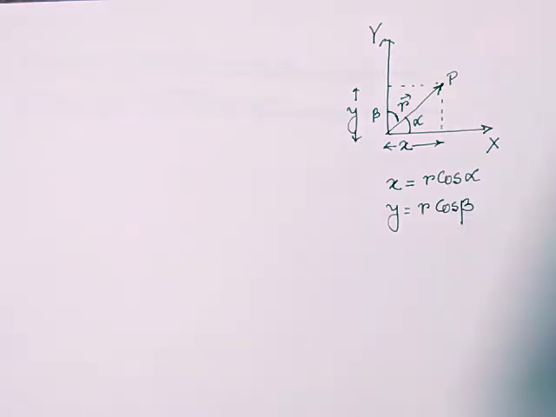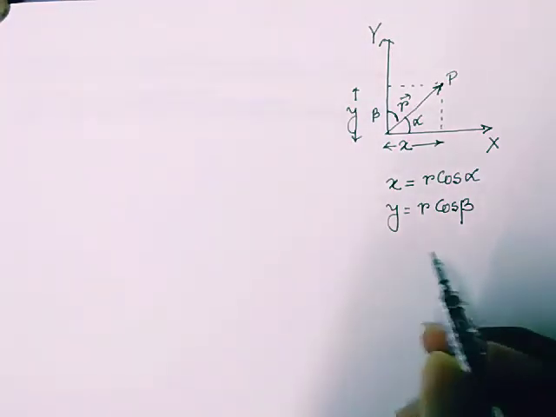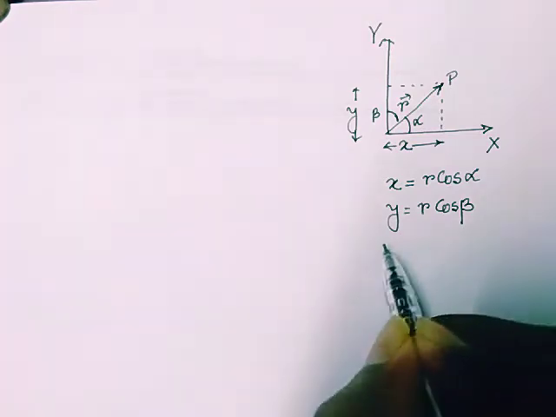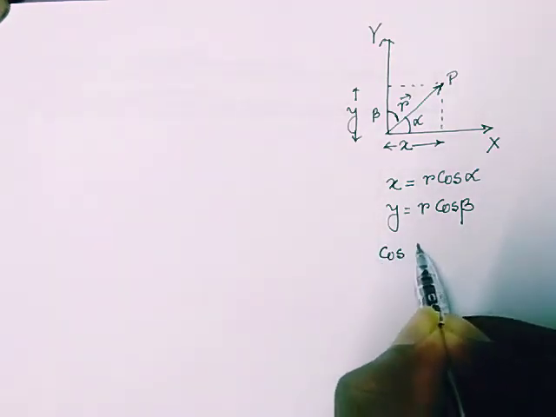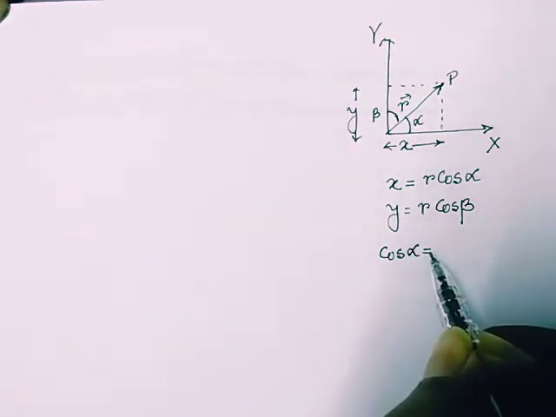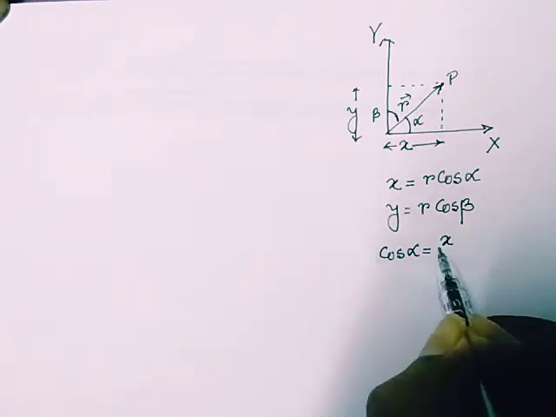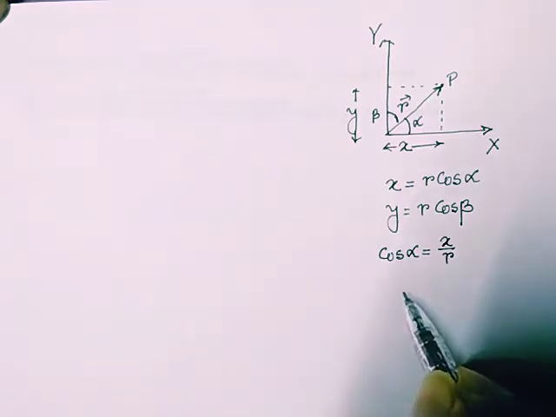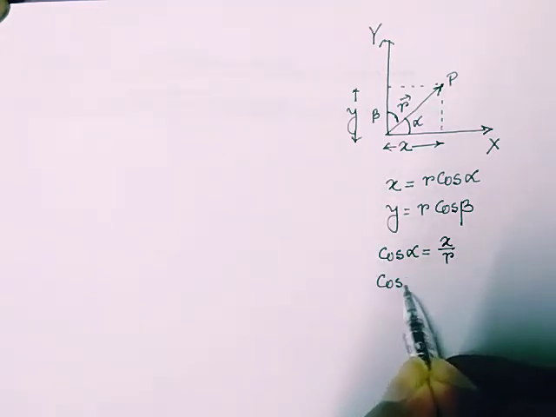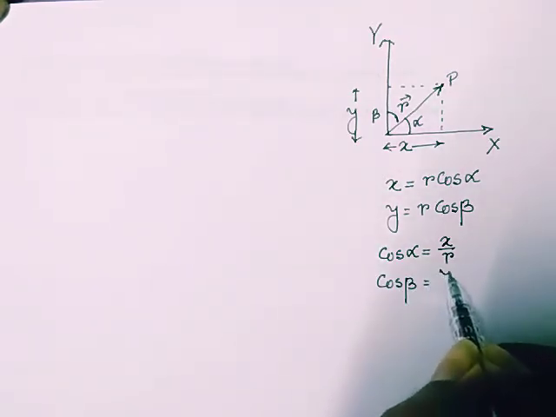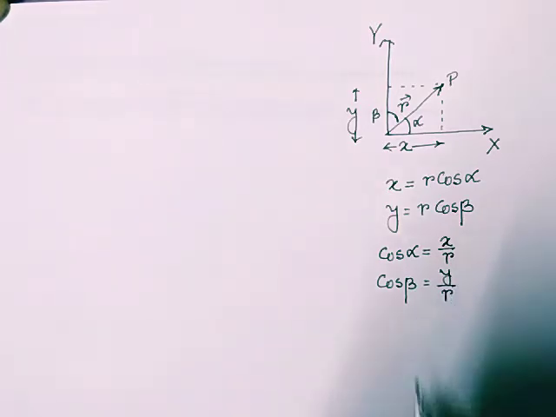So these two relations not only give us a resultant, but they also give us two directions. Basically, directions of the vectors are denoted by the angles. So cos alpha is x divided by r, and cos beta is y divided by r.